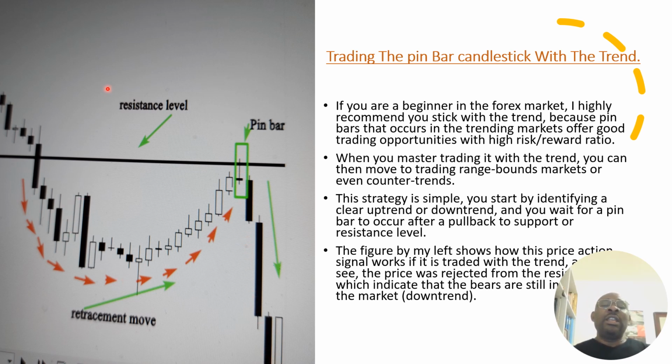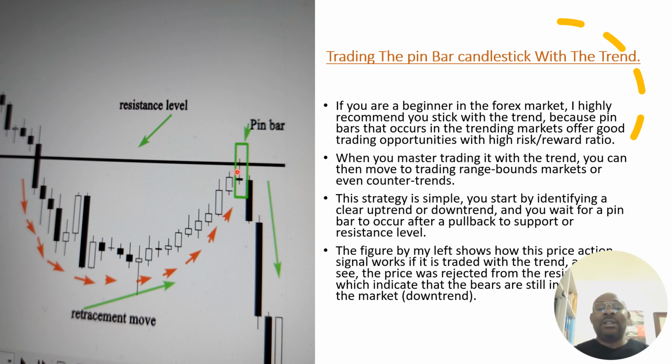Likewise, if it is trending up, at a point you see it coming down a little, it will retrace a little, there will be a pullback, then it will continue going. But once it makes that pullback, just like here, before it continues going down, there will be a rejection at the support level or a resistance level.